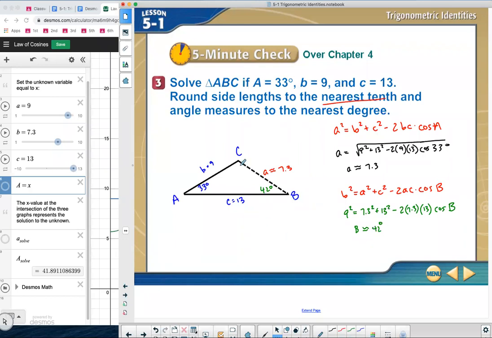Last part, in any triangle, how many degrees are there in the whole triangle? 180.